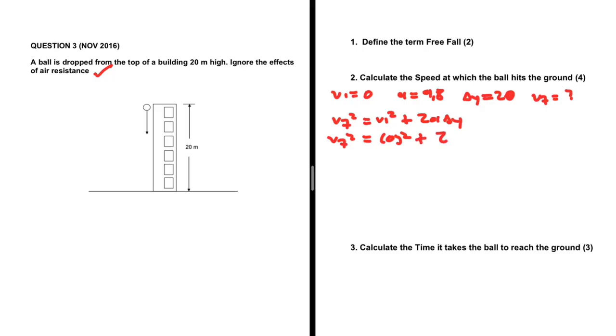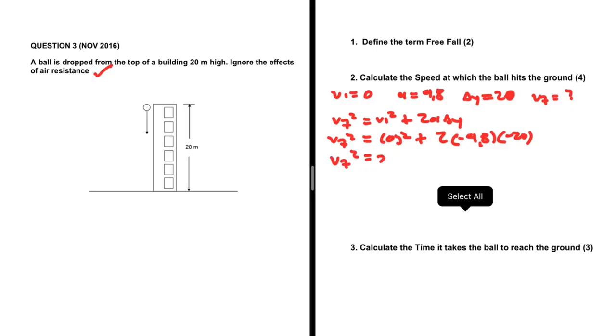Plus 2A. A is the acceleration, minus 9.8, right? 9.8 meters per second squared downwards. And then delta Y, the displacement, it is also downwards. So we're going to have minus 20. So VF squared equals 2 multiplied by minus 9.8 multiplied by minus 20.